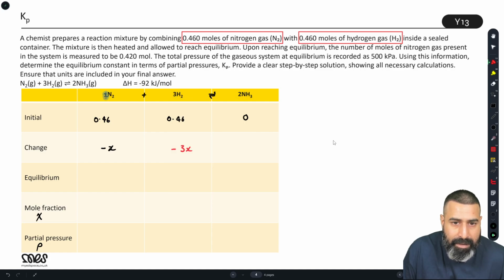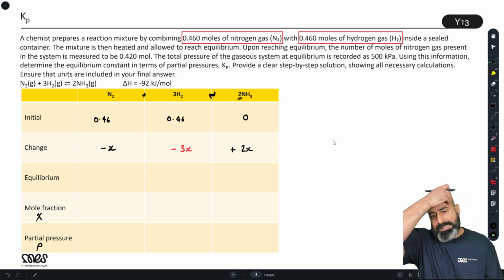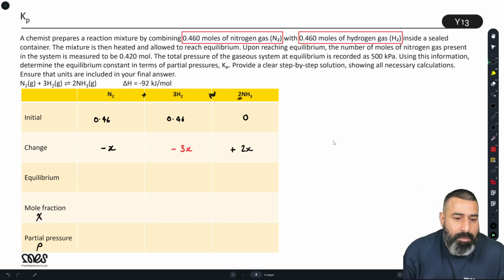I guess that's the next question. Well, let's look at the stoichiometry. So there is a 2 in front of the NH3, so we're going to form, hence the plus, 2 lots of X. Okay, that's our change. I like doing it in terms of X. It's helpful for me. If it's not helpful, you can just get rid of the change column, or row, I should say.